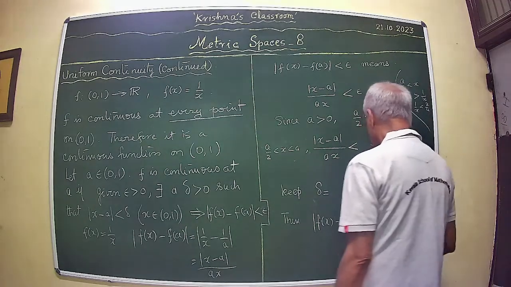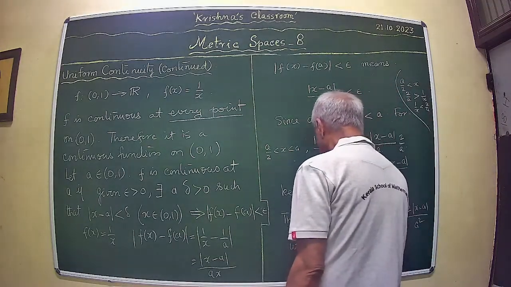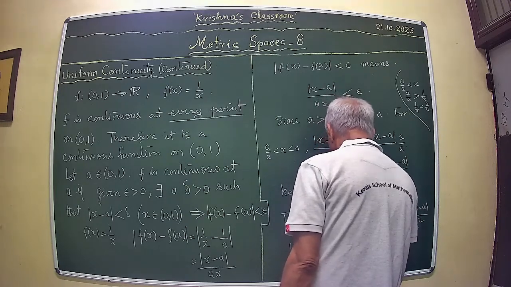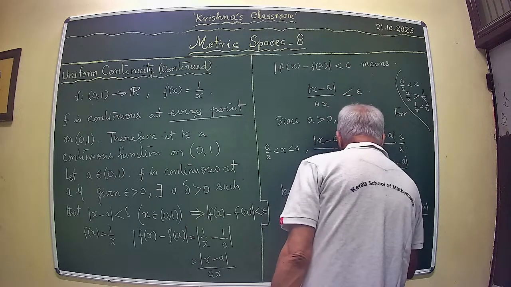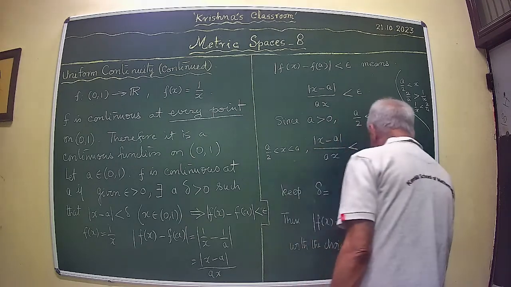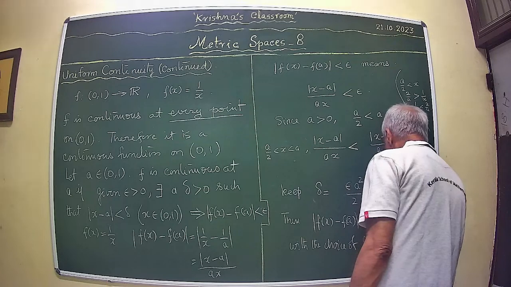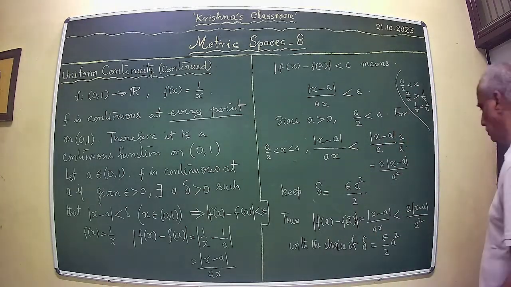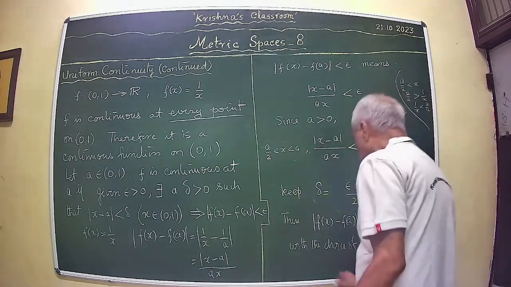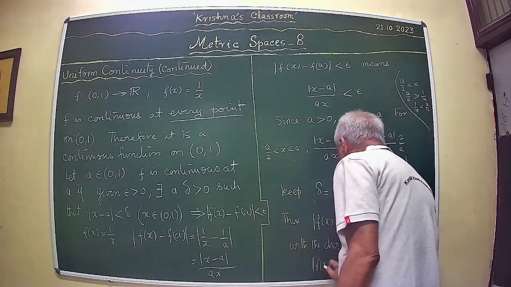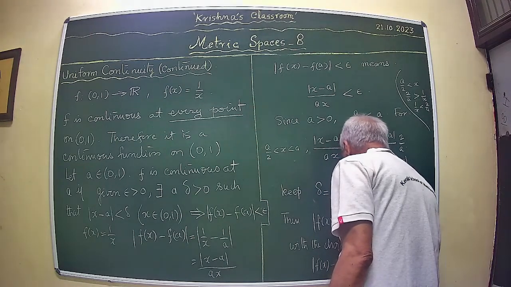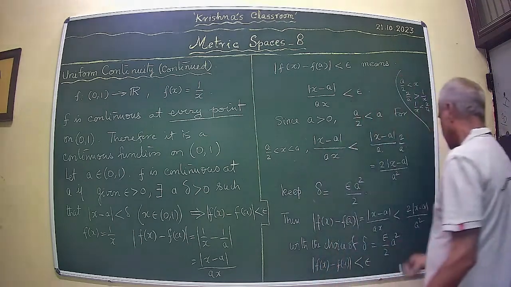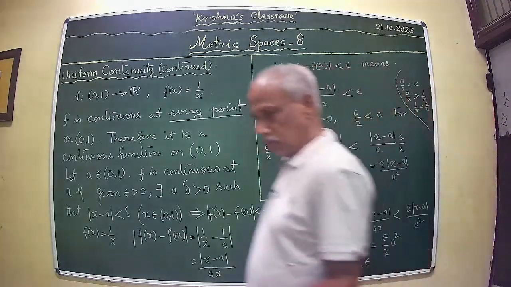Now choose delta like that; with this choice of delta, you see that mod f(x) minus f(a) is less than epsilon for this choice.